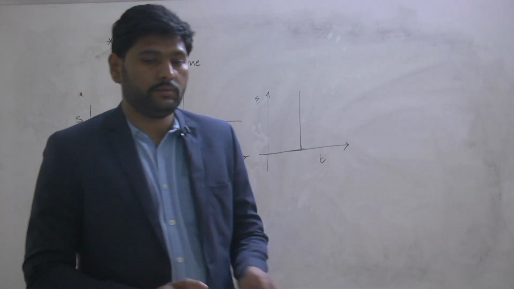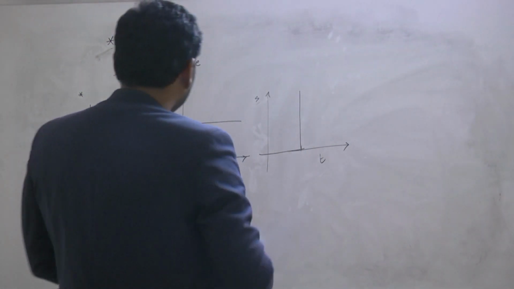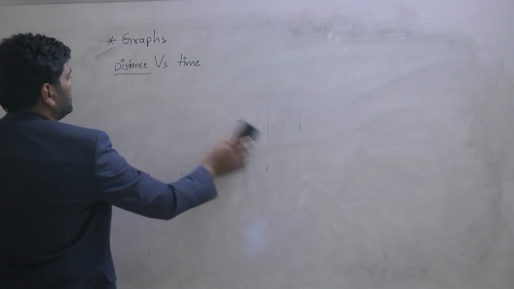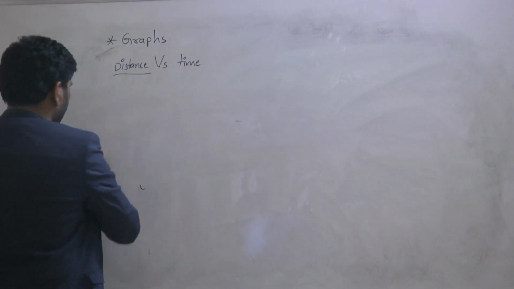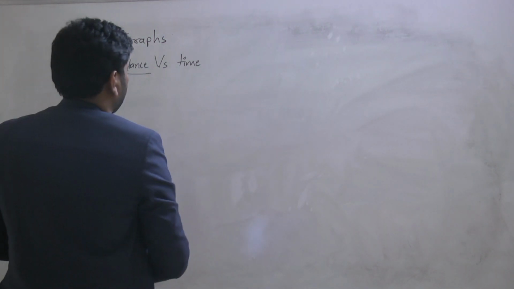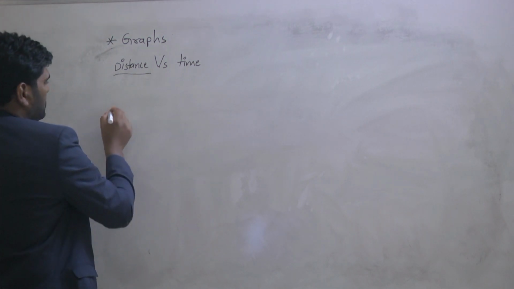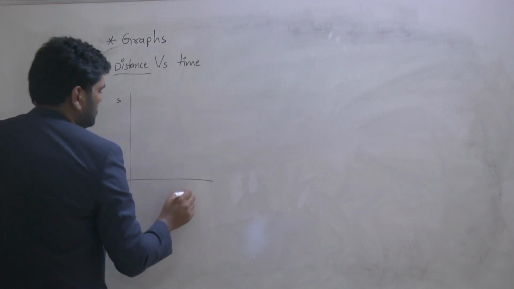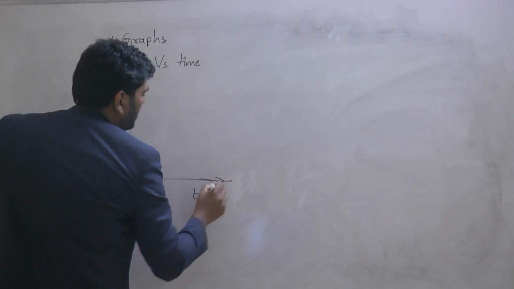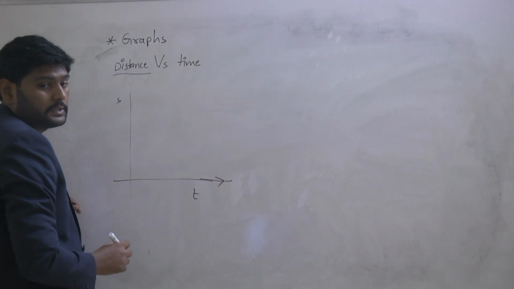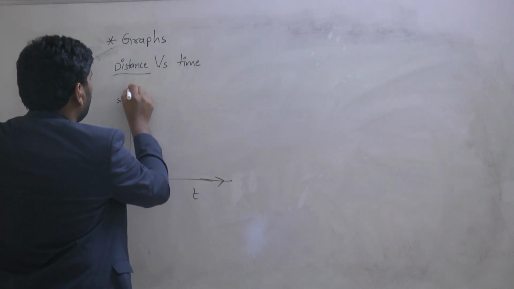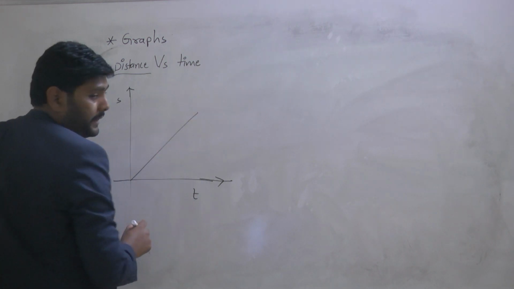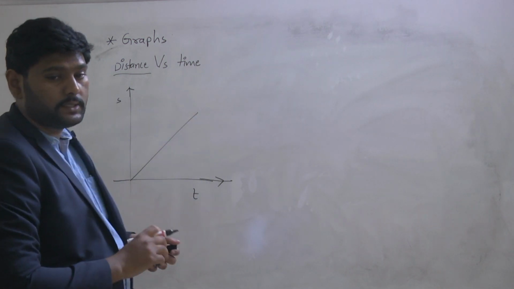Now the next graph. This is distance and this is time. Time I am taking on the x-axis and distance on the y-axis. What is this line indicating?